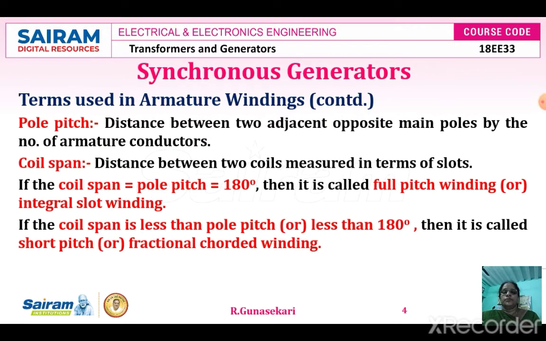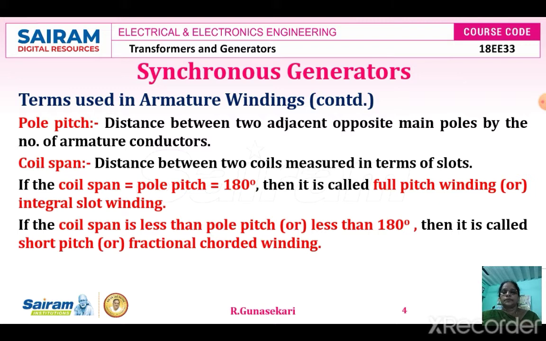Then pole pitch. The distance between two adjacent opposite main poles, divided by the number of armature conductors, is known as the pole pitch. Pole pitch is always equal to 180 degrees for full pitched winding. And then coil span. Coil span is defined as the distance between two coil sides, measured in terms of slots.